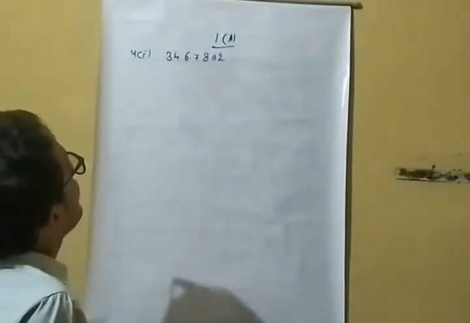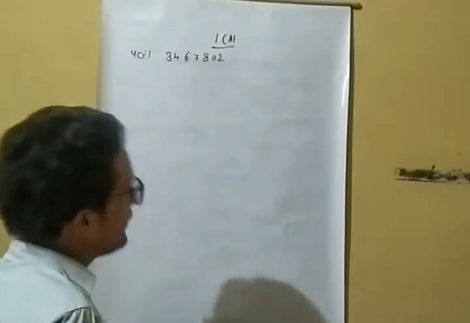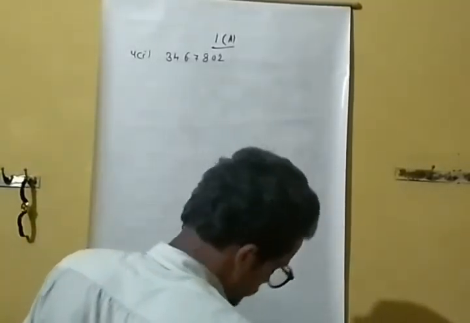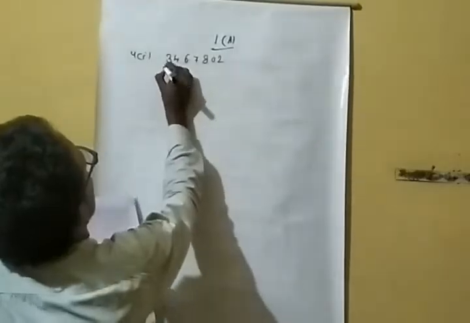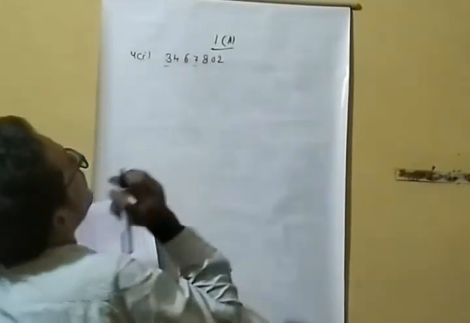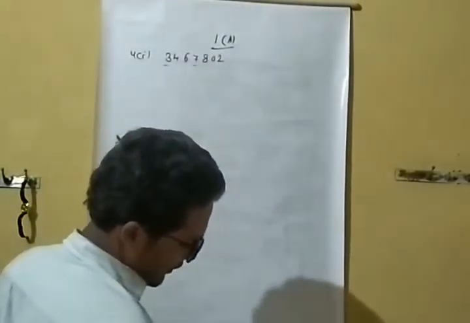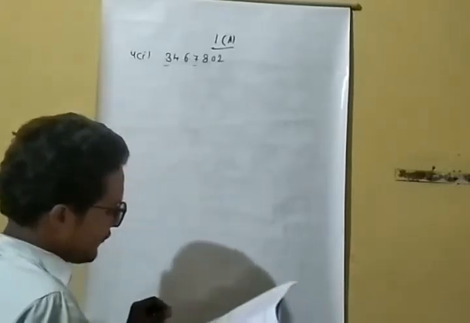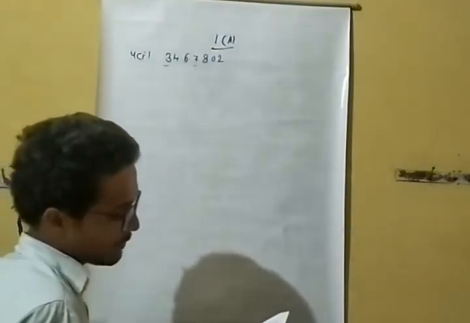First find how many odd digits there are. The first one is 3, the other one is 7. There are only 2 odd digits in this question.